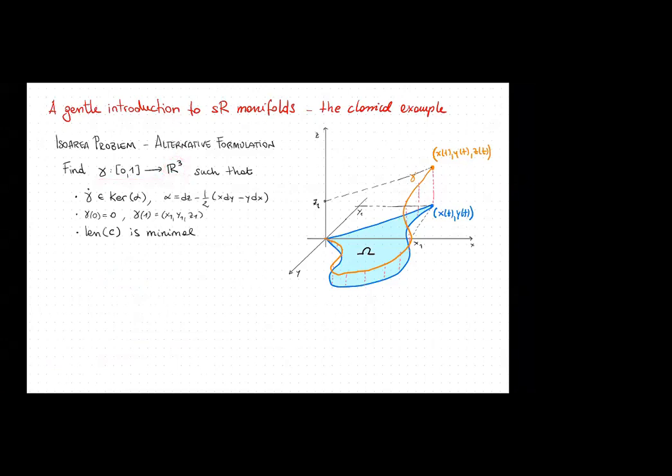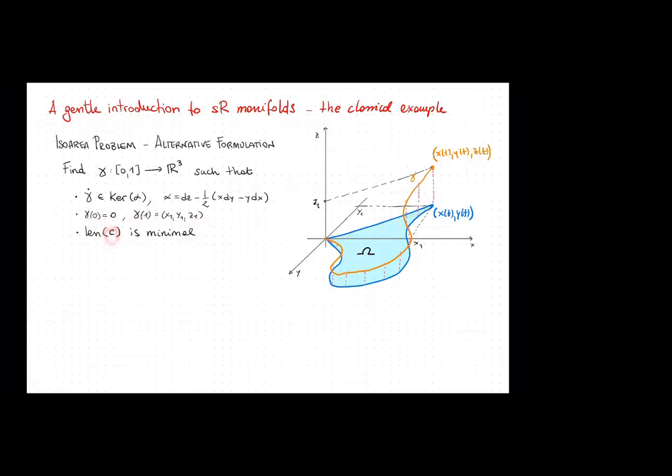So our world now is larger, it's R3, whose velocities are admissible, living in this particular subbundle of the tangent bundle. So in this subspace, kernel of the one form alpha, we want the fixed endpoints just because that's how I defined my curve in the original way, and such that the length of C is minimal. And this is important.